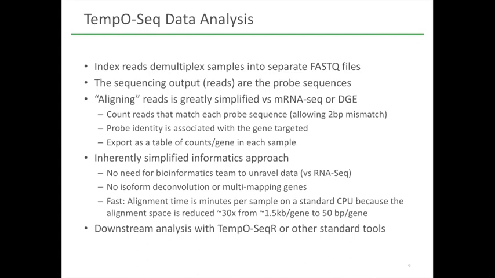The identity of each of the probes is associated with the gene targeted, and then a table is output in a CSV format that's essentially a matrix of all of your samples along the top and all of the genes present along the vertical, and the number of counts filling out the matrix.